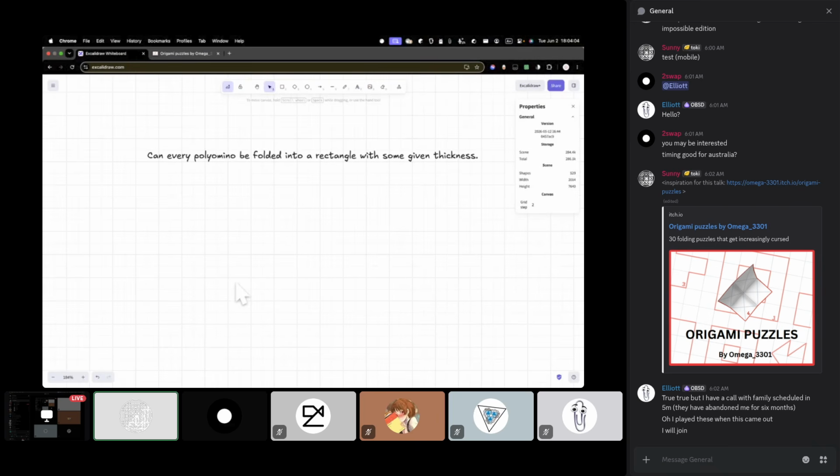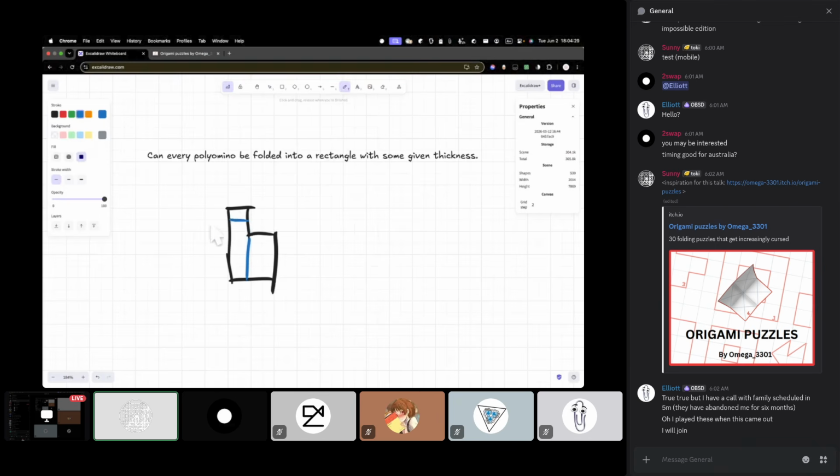So here's an example. We're gonna take a P pentomino, and we're gonna fold it such that the creases go here once and here once, right?